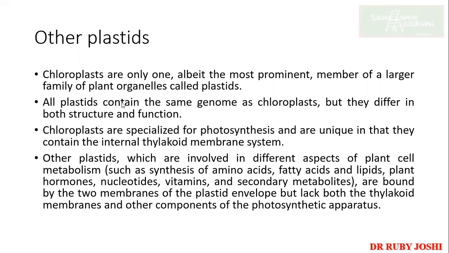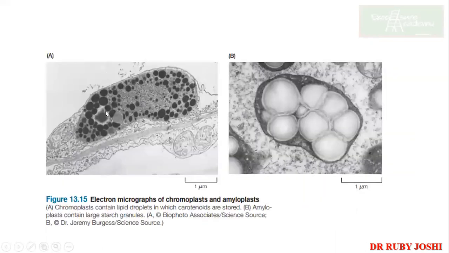Here, if you see in the figure, what they observed was that these dark droplets were floating in the cytoplasm of this particular plastid. Later they came to know that these are lipid droplets, which have carotenoids present in them. So this is the example of the chromoplast.